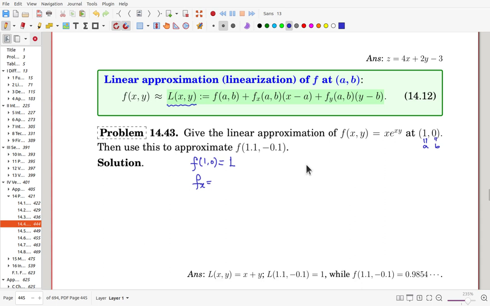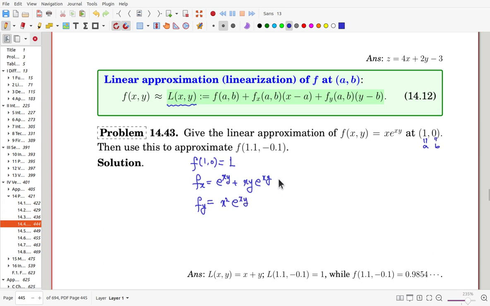So by using the product rule, we get e to the xy plus xy e to the xy. Now f sub y: y appears here only once, and if you take the y derivative, then x comes out, so that is x squared e to the xy.